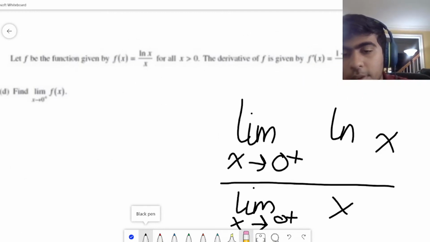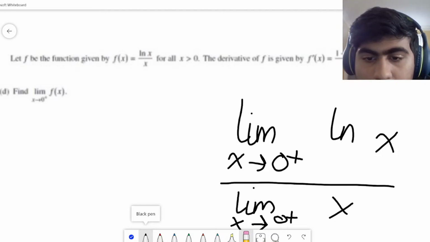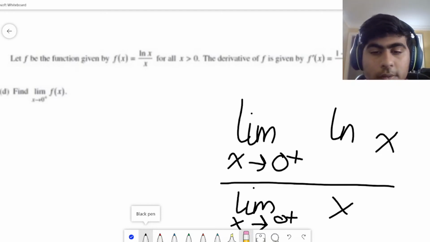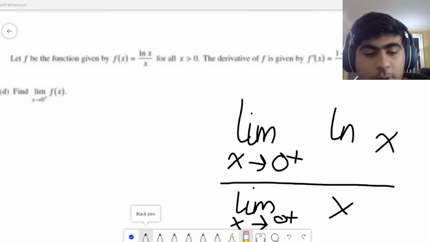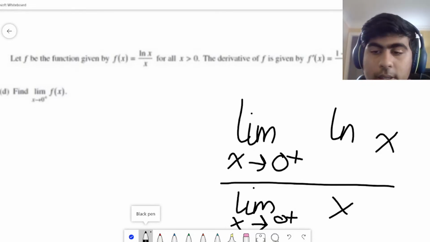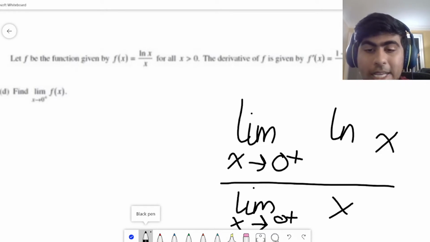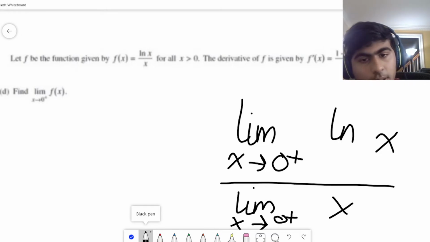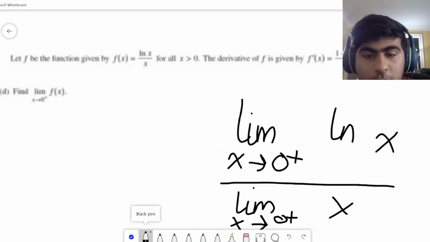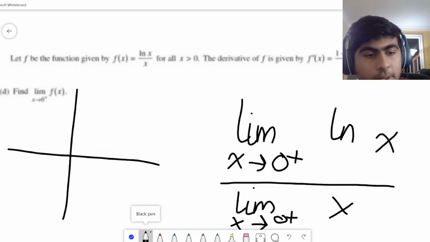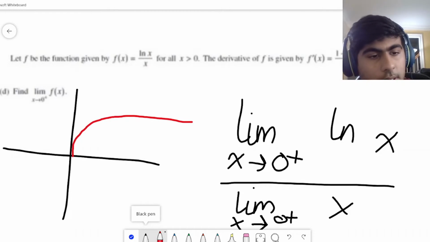Now, if we look at the numerator, the value of ln x as x approaches 0, well, it's not 0, because ln of x is 0 when x is 1. So think about how we write a logarithmic function. If we have our graph, we usually write it something like this.